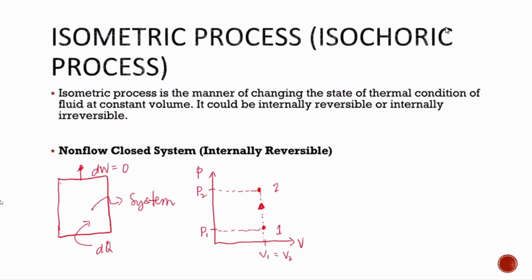How about in a TS diagram, or temperature entropy diagram? Let's have our S here and our temperature there. So from a specific temperature, at constant volume. Later on I will show the state relations, or the relationship between the different parameters or properties of an isometric process.